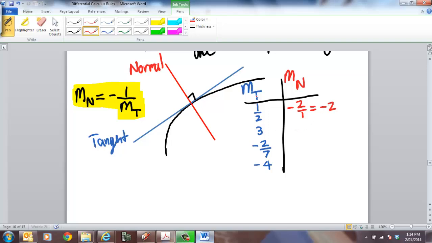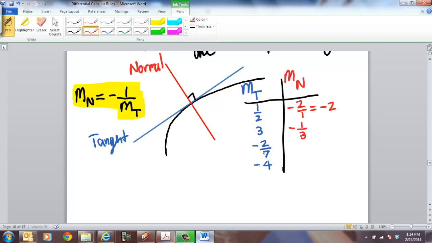If my slope of my tangent is 3, that is equal to 3 over 1, so the slope of my normal will be minus 1 over 3. You just invert it and change the sign.